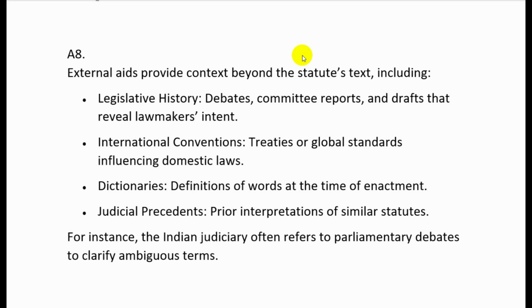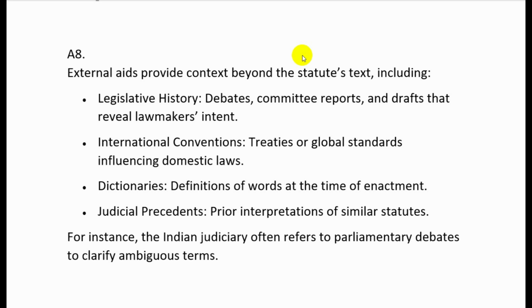Next is international conventions. We can compare the statutes or the laws with international laws or how they are used abroad, outside India, for example. Treaties or global standards influence domestic laws. So we can take help of this external aid as well.